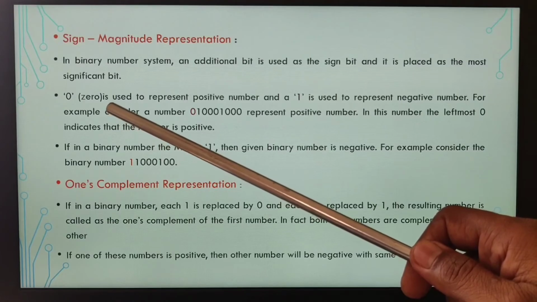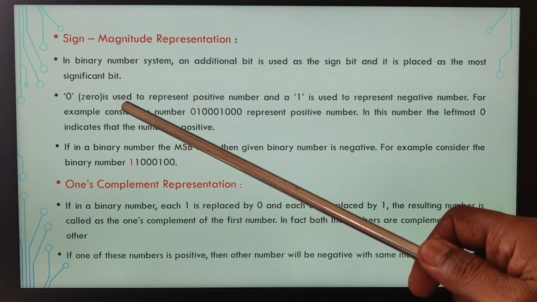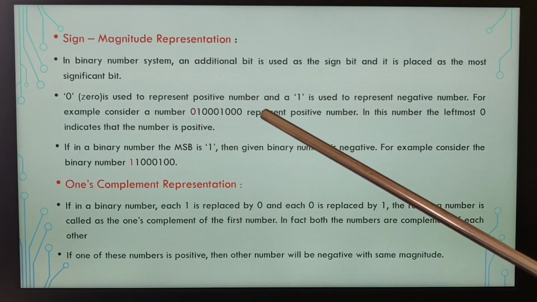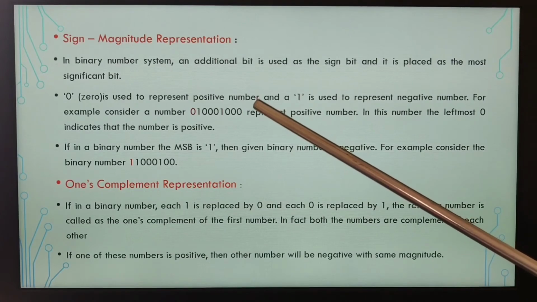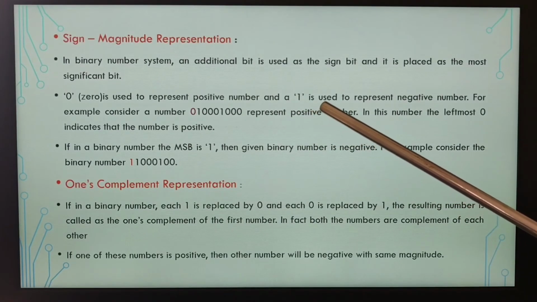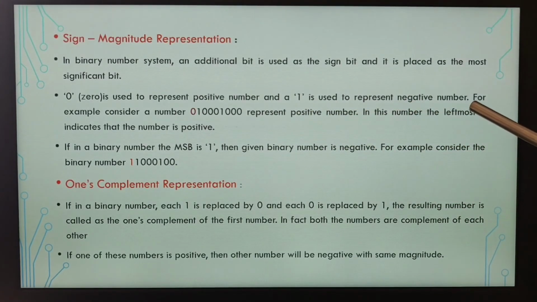First we consider 0. 0 is used to represent a positive number, that means when there is 0 as the most significant bit, it is represented as positive, and 1 is used to represent a negative number. When there is a 1 as the most significant bit, it represents a negative number.